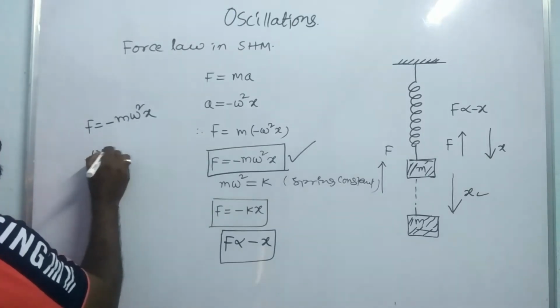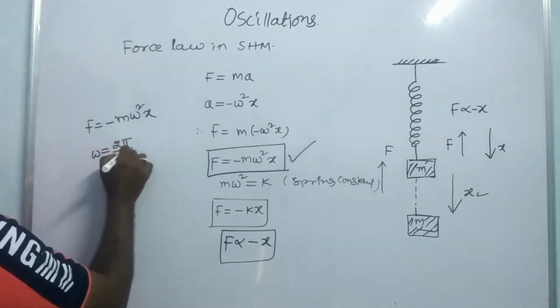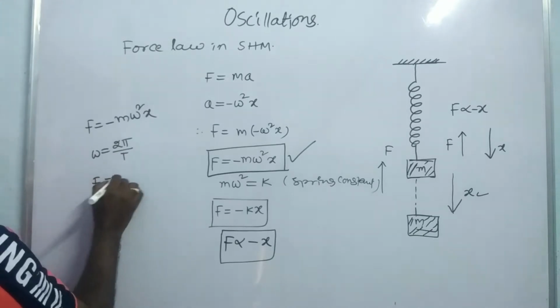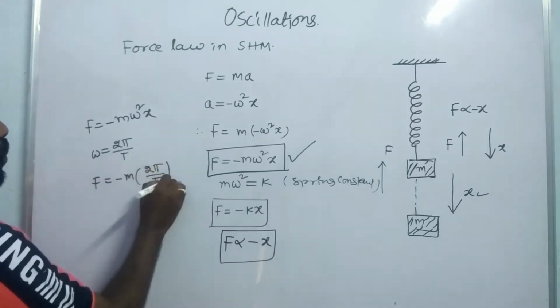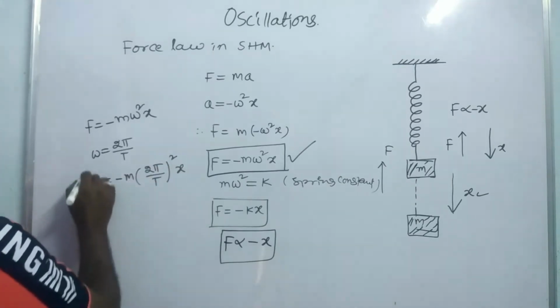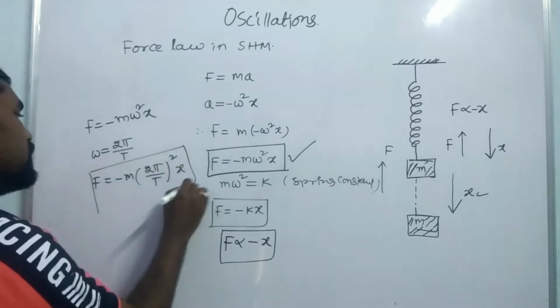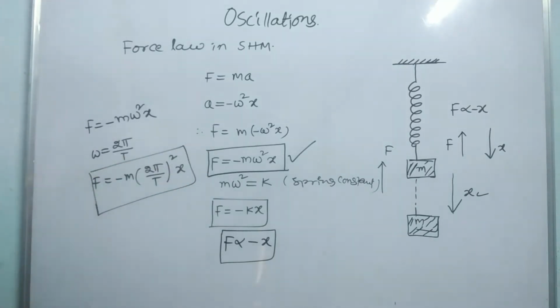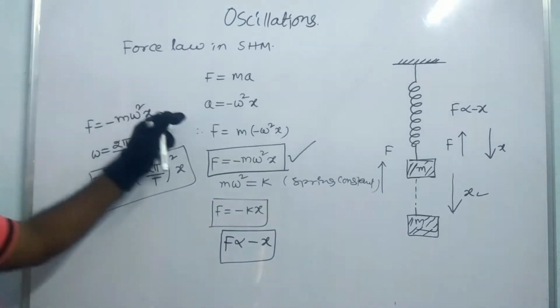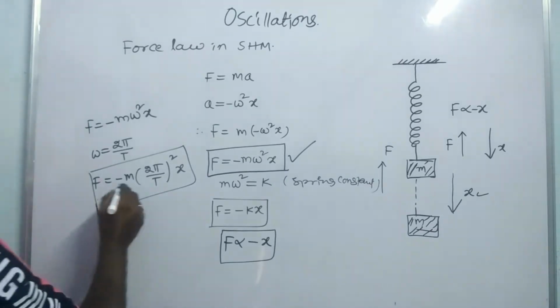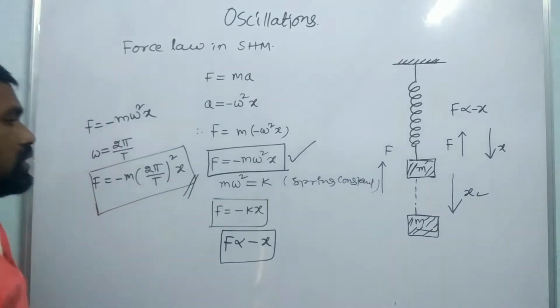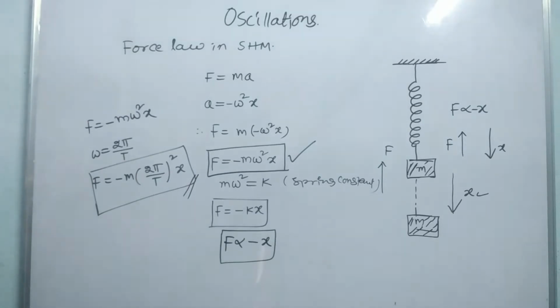If omega is equal to 2 pi by T, then you can write that F is equal to minus m into 2 pi by T whole square into x. So this is the equation of force for simple harmonic motion. Very very important equation.